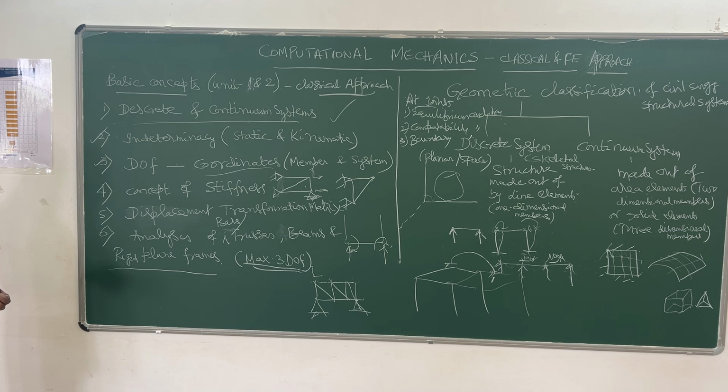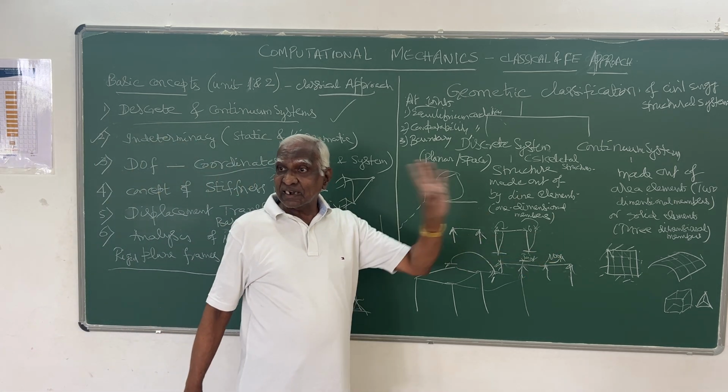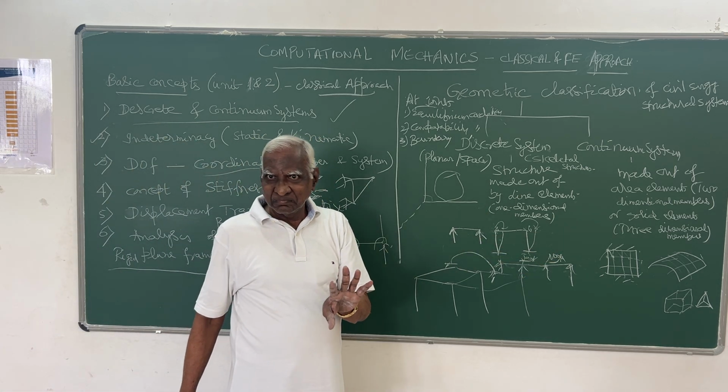It's a discrete structure wherein it is made out of line members which are interconnected by rigid joints, and all the line members lie along a line. That is called a beam.